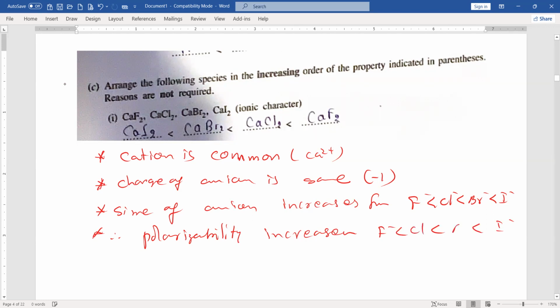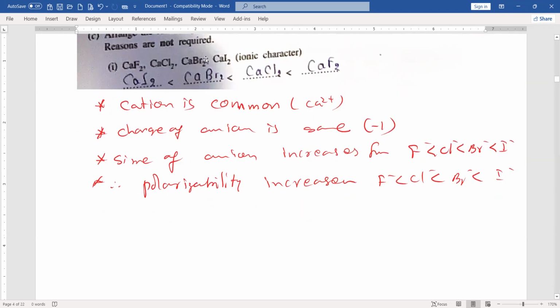The higher the polarizability, the higher the covalent character. Therefore, the ionic character will decrease in this direction. Why? The iodine is the biggest. When iodine is the biggest, it has the highest polarizability. Therefore, it will have the highest covalent character.